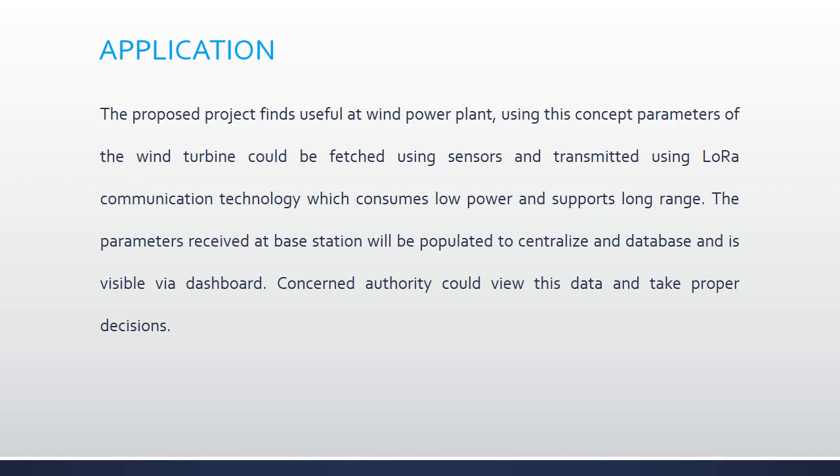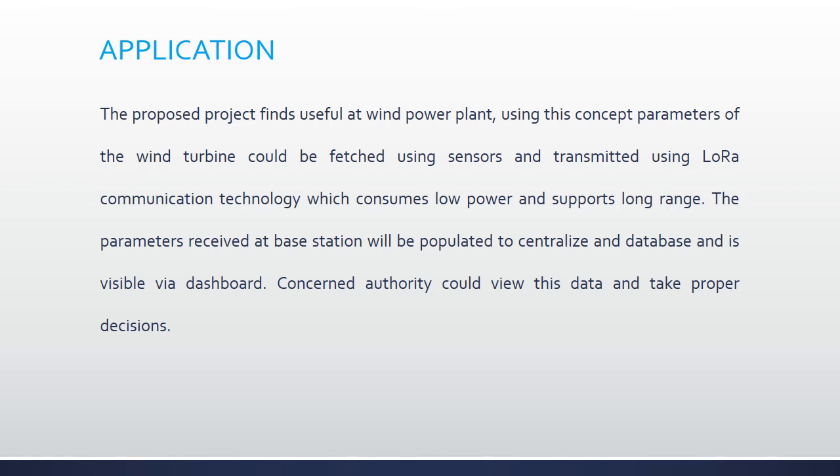The parameters received at the base station will be populated in a centralized database. What is a database? An information storing platform. And this stored information is displayed through a dashboard. The authorities who are supposed to monitor the wind turbine system can easily view the various parameters with the help of a dashboard, and it helps them to take proper decisions.